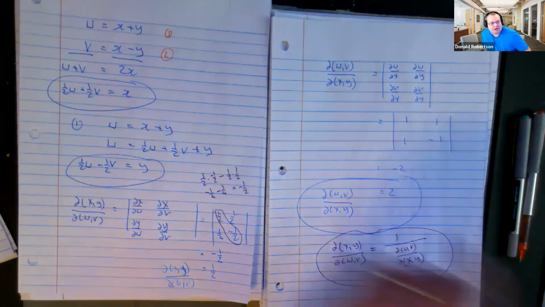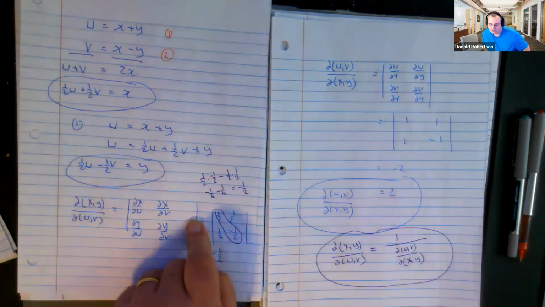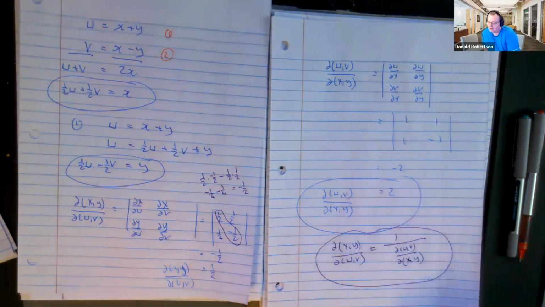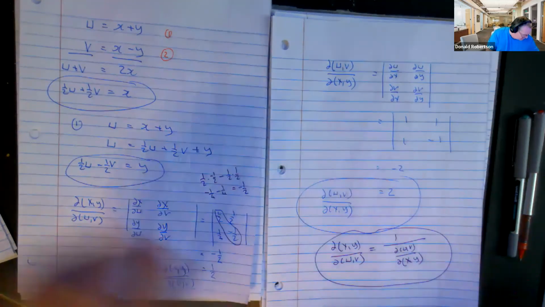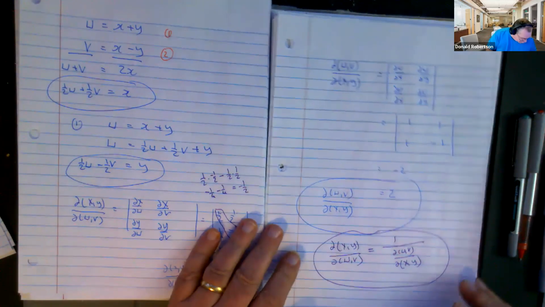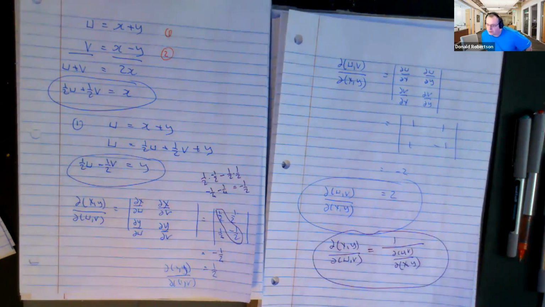But as long as they're linear, these will always be numbers, and as long as it's a number, your answer is fine. You can just do it and turn it upside down. Are we good? It's not going to save you a chunk of time, but for a couple of Jacobians that you want to do quickly, that would work.